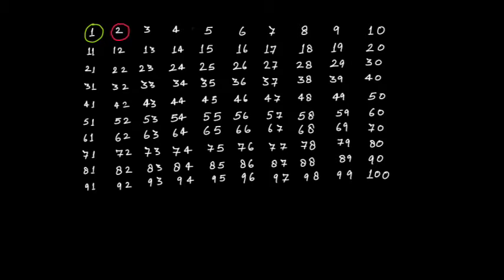Now if 2 is a prime number, then all the multiples of 2 would not be prime numbers, because if they are divisible by 2, then they will have more than 2 factors, and if any number has more than 2 factors, then that number is not a prime number. So what are the multiples of 2?